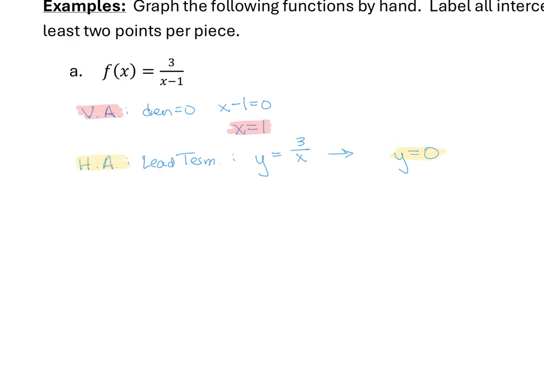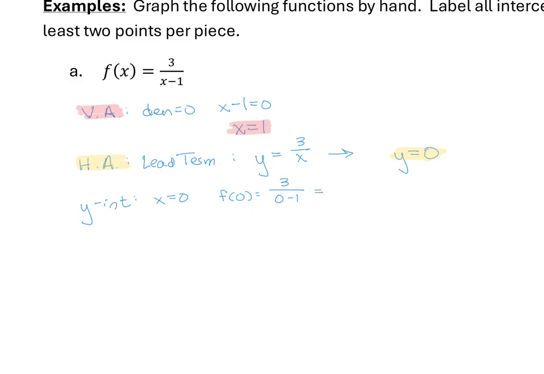Okay, so now we want intercepts. We are going to start with the y-intercept. And for this, we want to let x equal 0. Remember, for intercepts, we always plug in 0 for the other variable. And so if we plug in 0 for x, we get 3 over 0 minus 1.